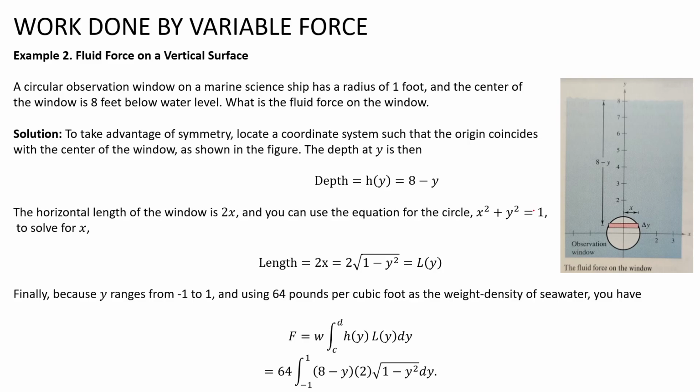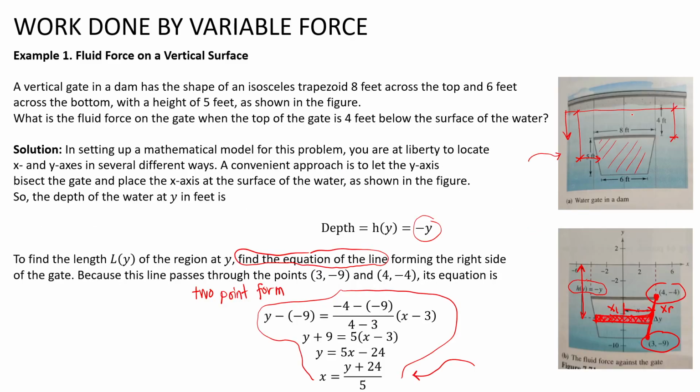So most likely magdepende na siya where you're going to place your X and Y origin. So this time, ang iyang pag-place sa iyang origin is at the circle. So that's why it's 8 minus y ang distance going towards the surface of the water. So earlier, our X and Y origin is at the surface of the water.